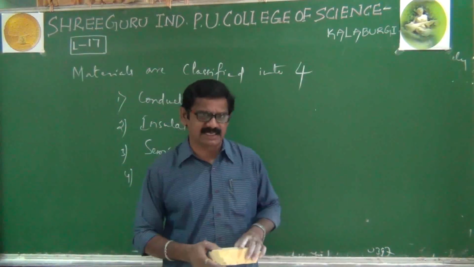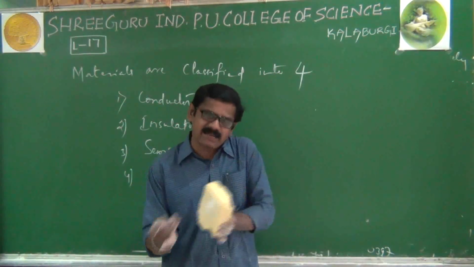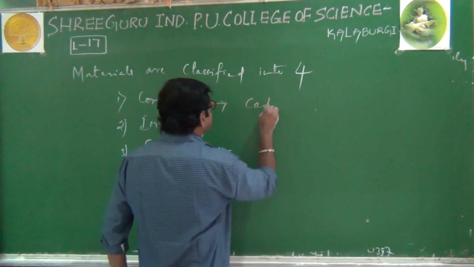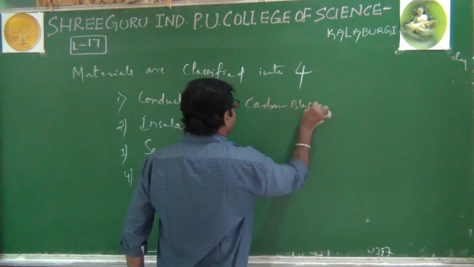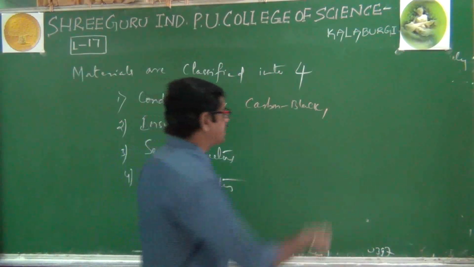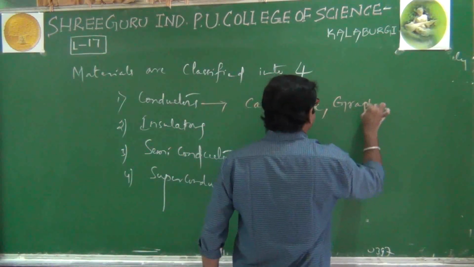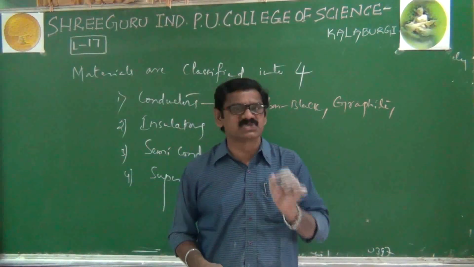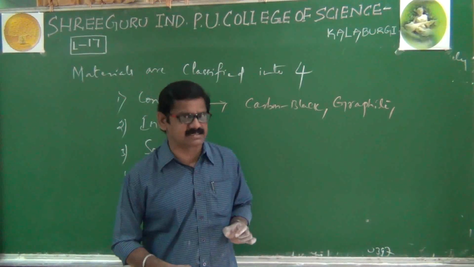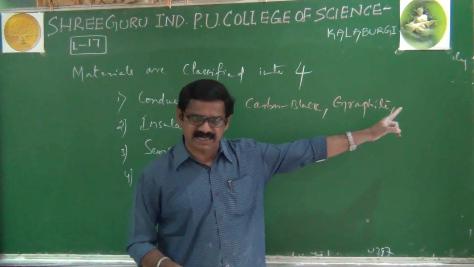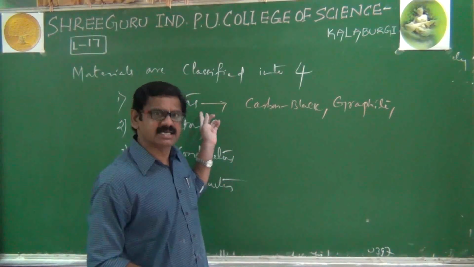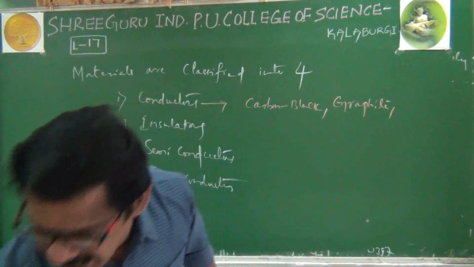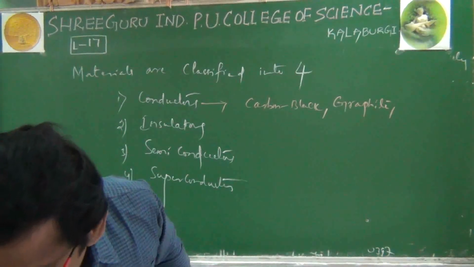Not only metals and alloys, some non-metals also act as conductors, like carbon black as well as graphite, and some organic polymers also act as conductors.